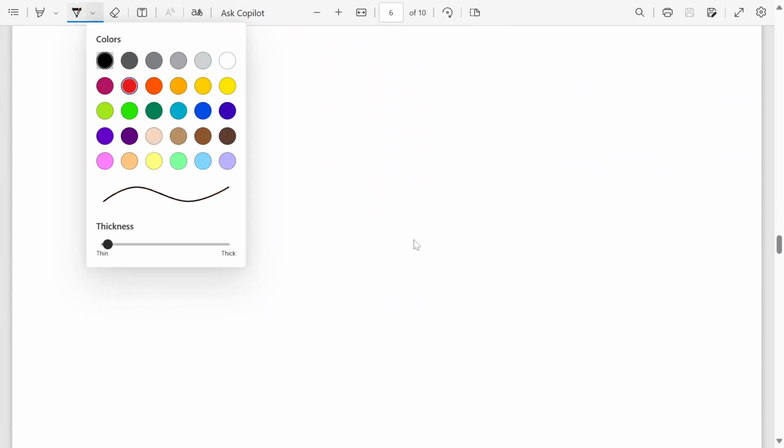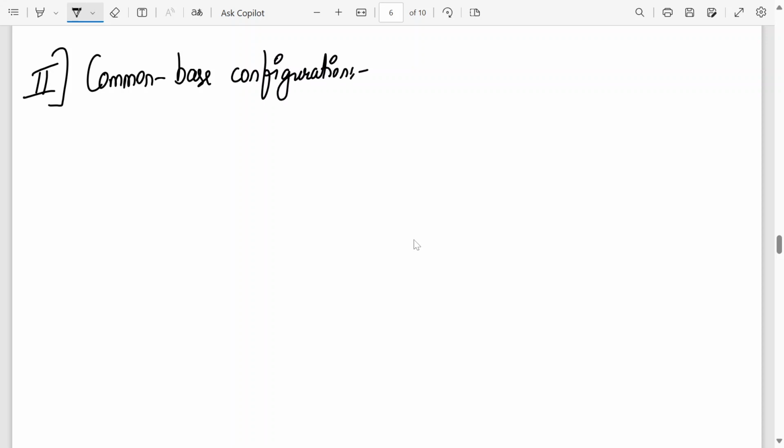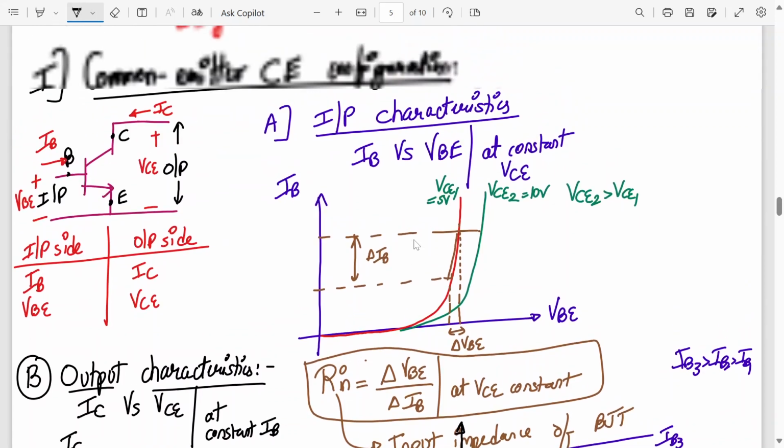Now we go to the next configuration, which is the common base configuration. But before going to common base configuration, the circuit we drew for the common emitter configuration is not a practical circuit, right? The practical circuit is made like this.